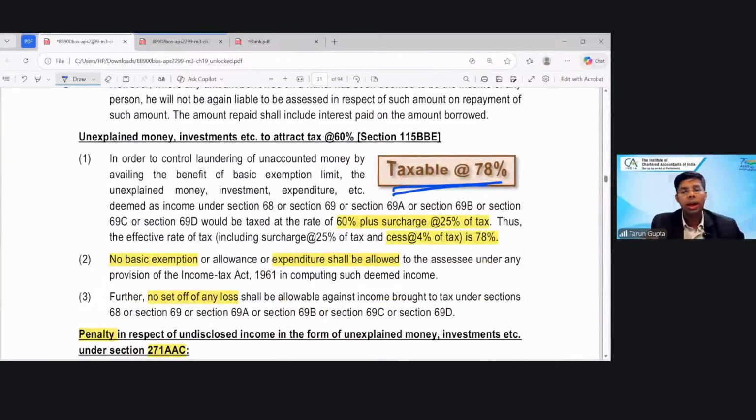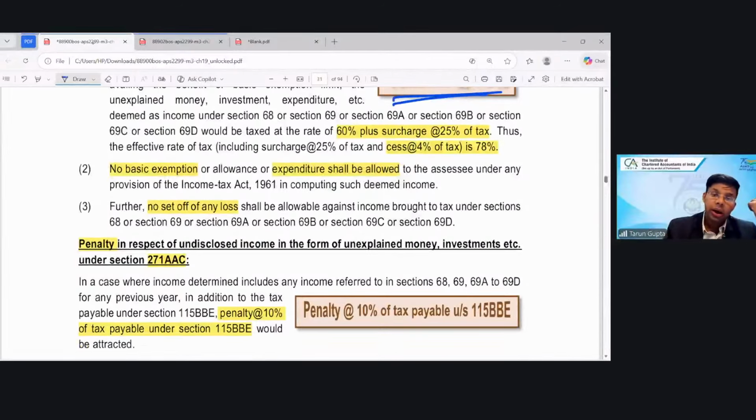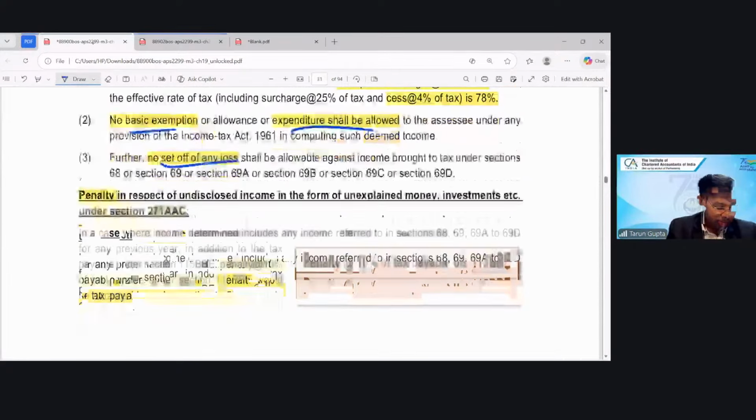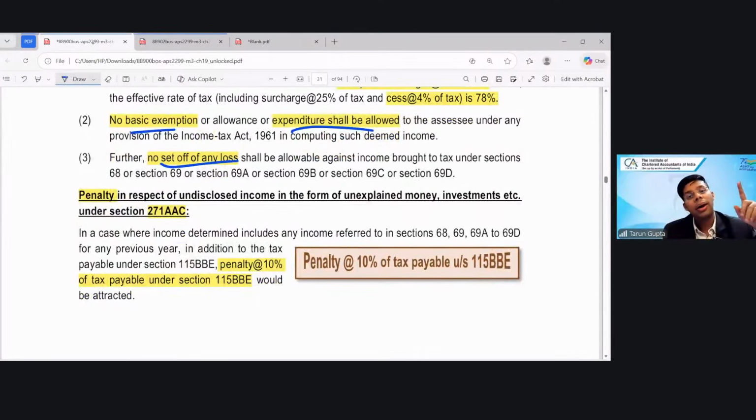Okay. So this unexplained income under section 68, 69, 69A, B, C, D is taxable at the rate of 78%. No basic exemption is provided, no expense, no loss is allowed against this income. And in addition to 78%, there is a penalty under section 271AAC at the rate of 10%, merely 10%, because the income has already been taxed at a substantially higher rate, 78%.